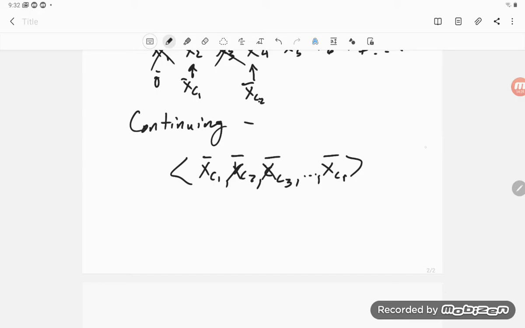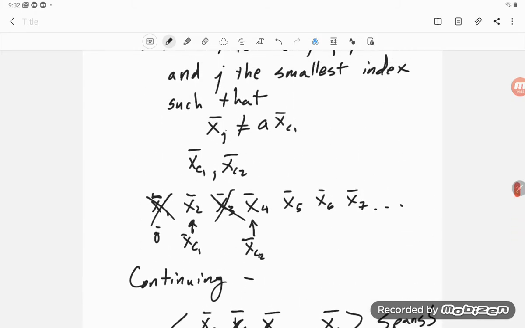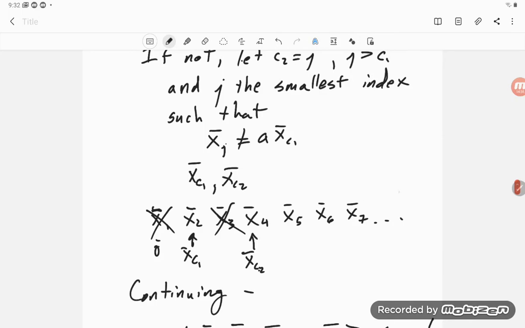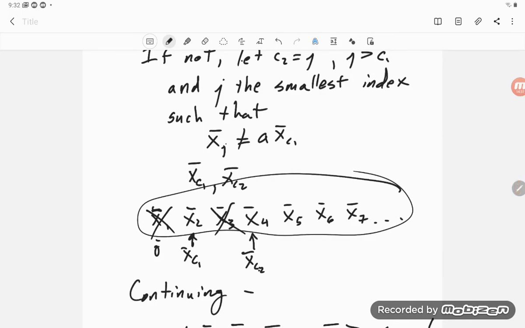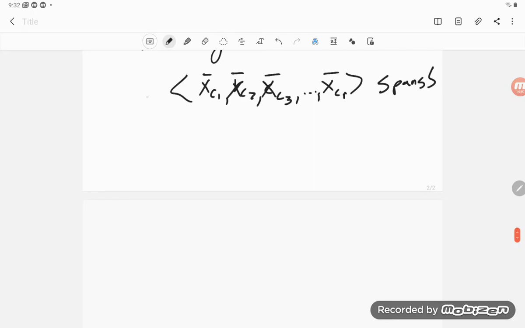We know that spans S, because it spans all our vectors that span S. So it spans S, and they are independent by construction.